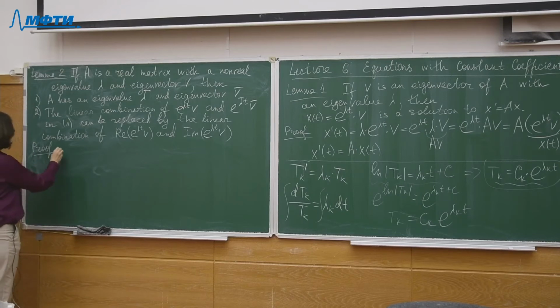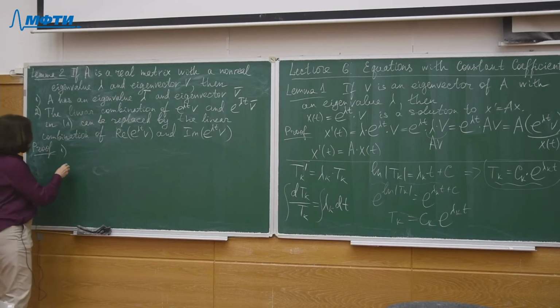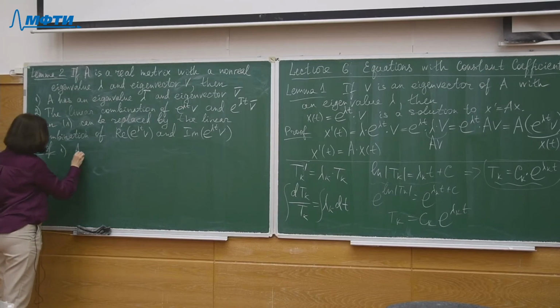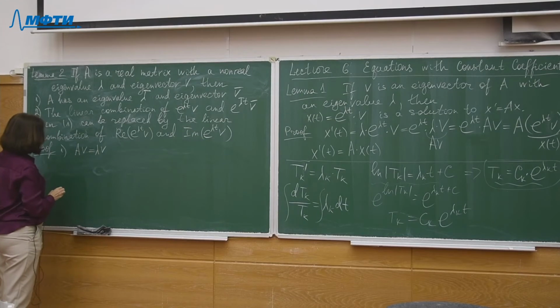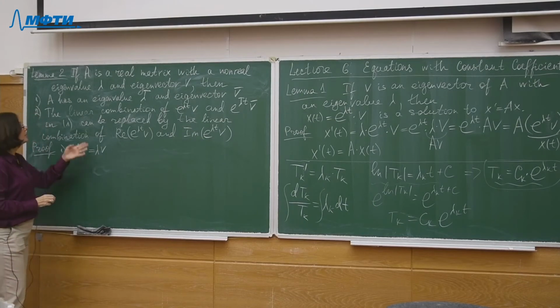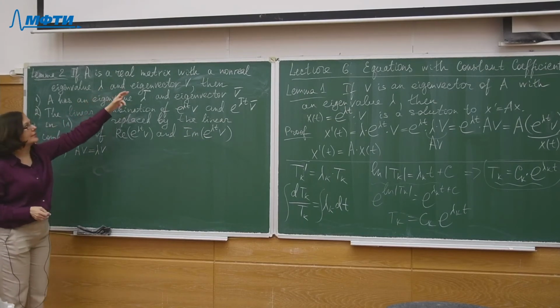So the first statement, statement number 1: let's show that lambda conjugate and v conjugate are also solutions. Since we know that Av equals lambda v, it is given because lambda is an eigenvalue and v is an eigenvector.